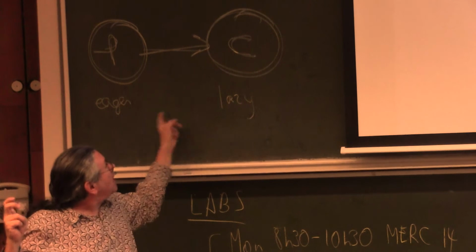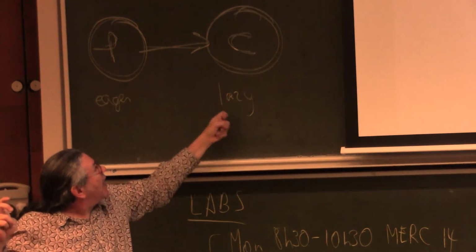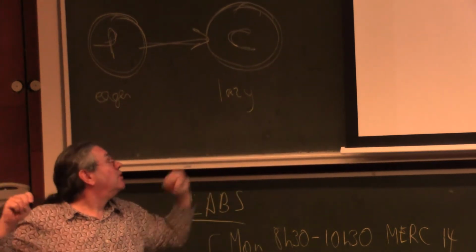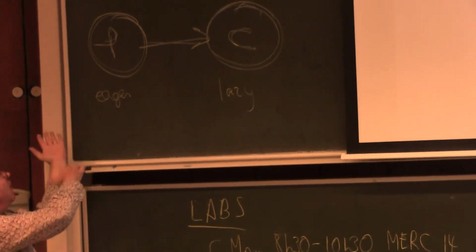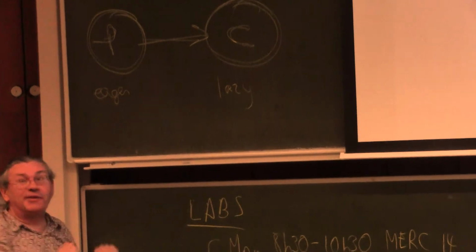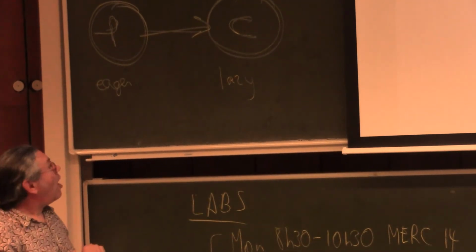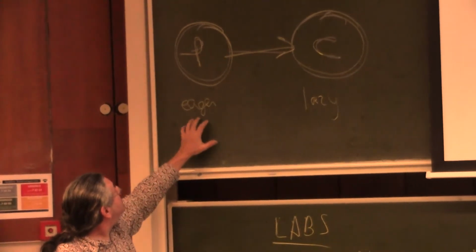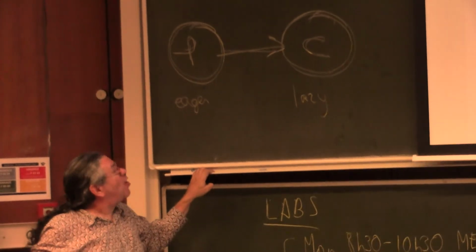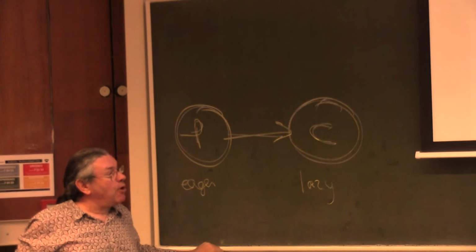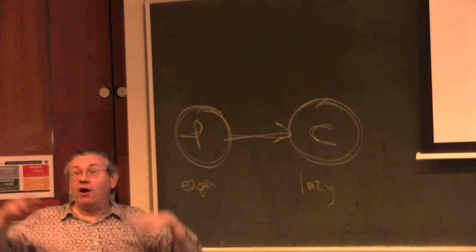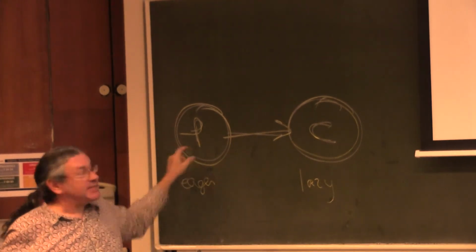And if you want to terminate the computation, this guy decides when to stop. But in the eager, it's the producer who decides. You see, it's very symmetric. Okay? Everything you saw before, it's the producer deciding. Seems very normal, right? Producer deciding. All the programs you write before, in Java, everything, it's all like this.